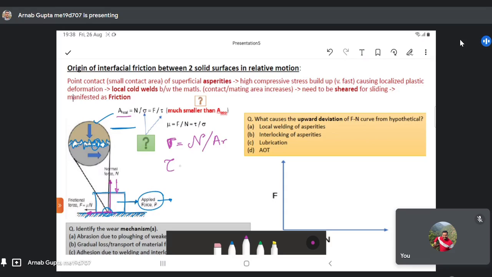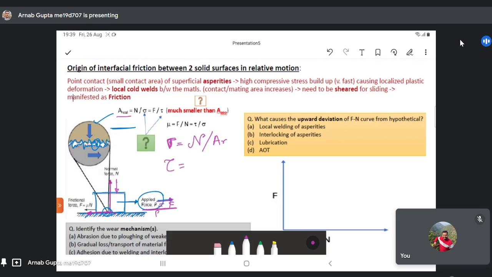You can also say that the shear stress developing due to the applied force P essentially needs to be equal to the friction force. This is the limiting condition to make the body move forward at a constant velocity, right?